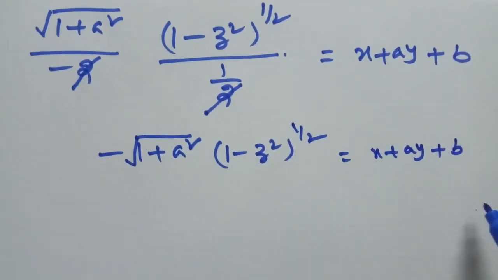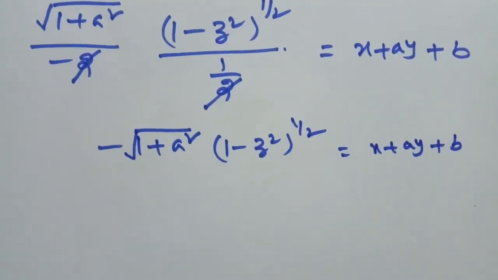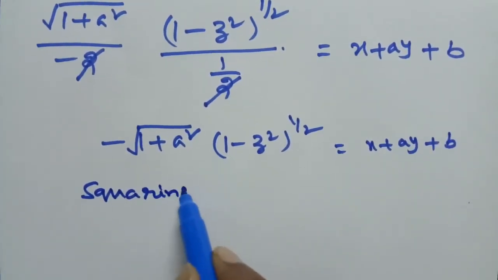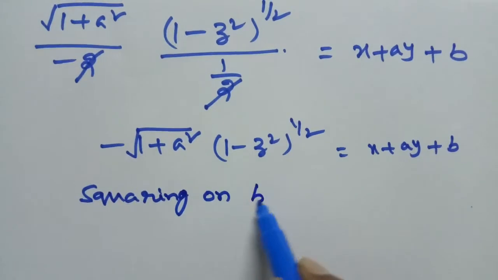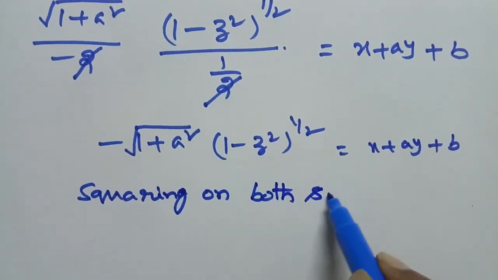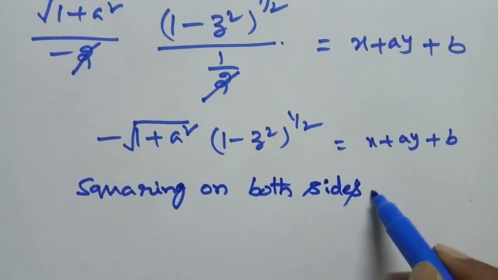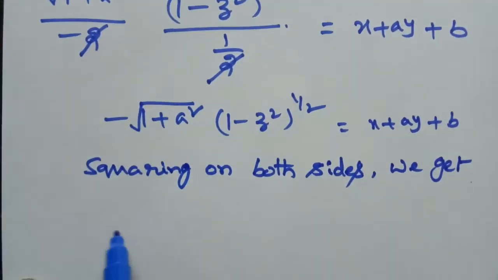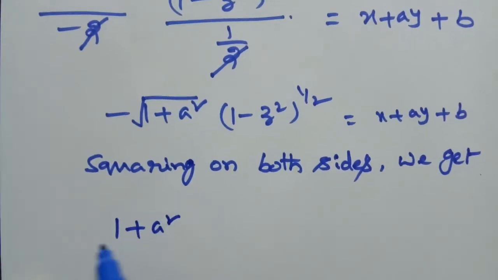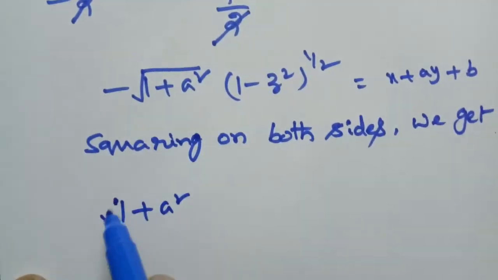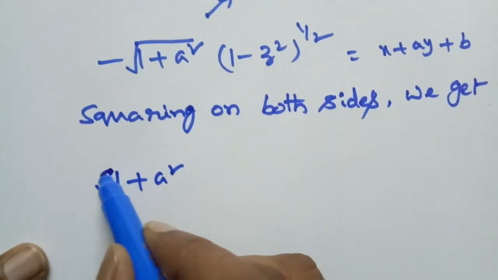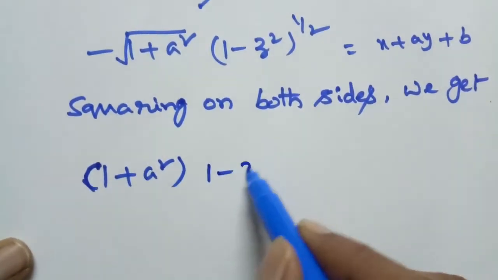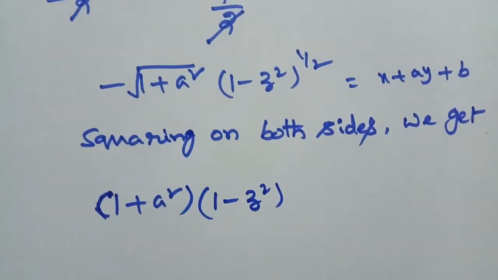Now squaring on both sides. We get 1 plus a square, the square root gets cancelled, into 1 minus z square.